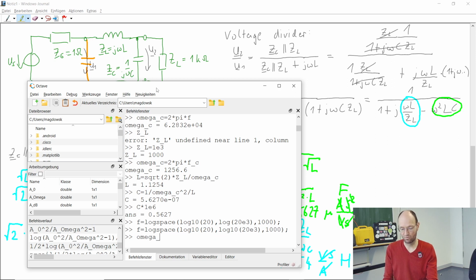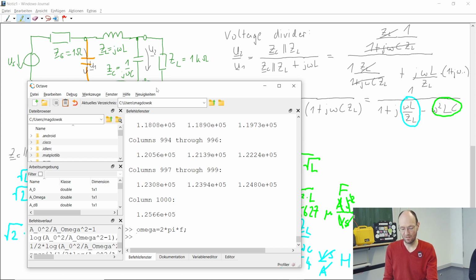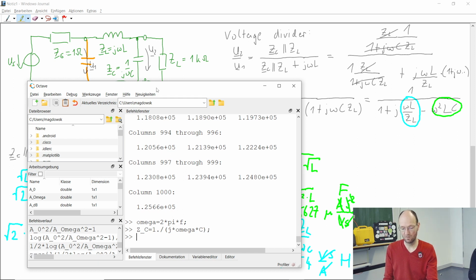So then we need to convert this into angular frequency. So it's 2 times pi times f. Okay, and I should have maybe escaped this. And so then we can calculate ZC, which will be 1 divided by j times omega times C, and we also get lots of values for this.